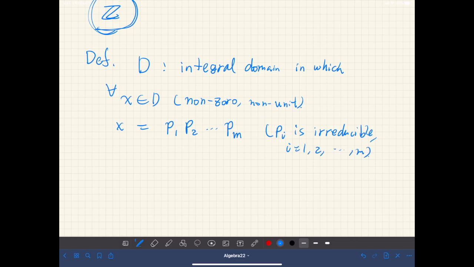So X can be expressed as a finite product of irreducible elements.